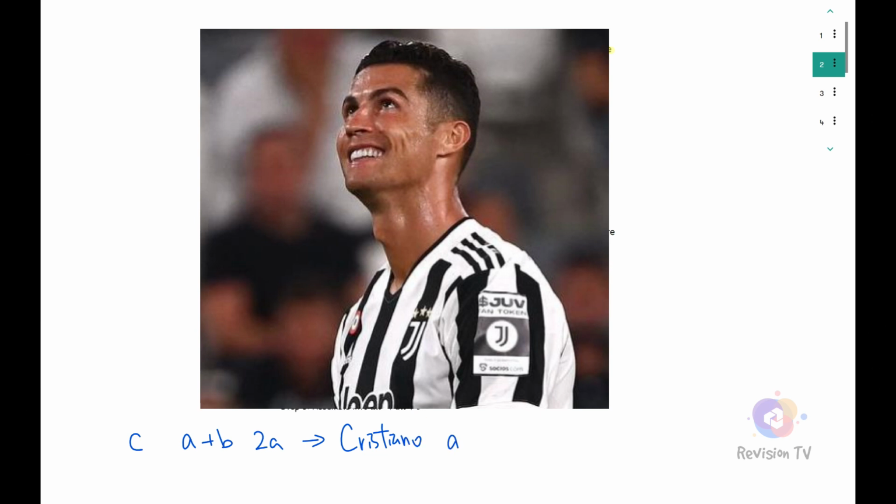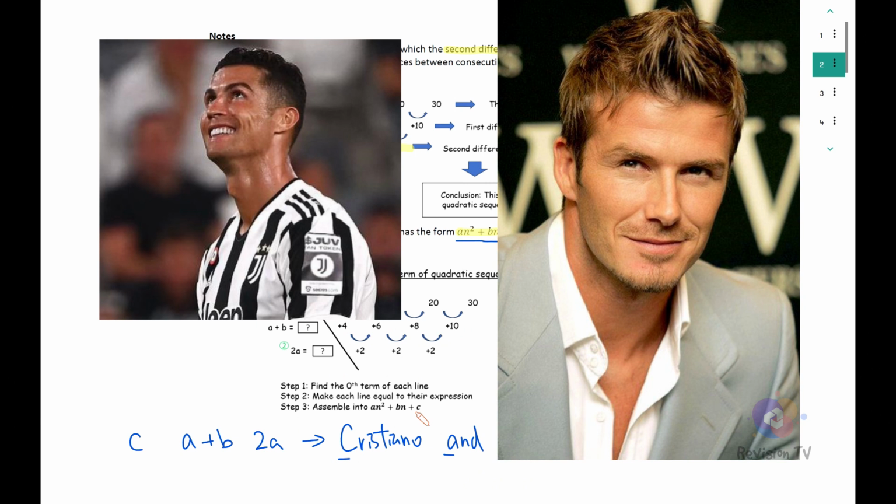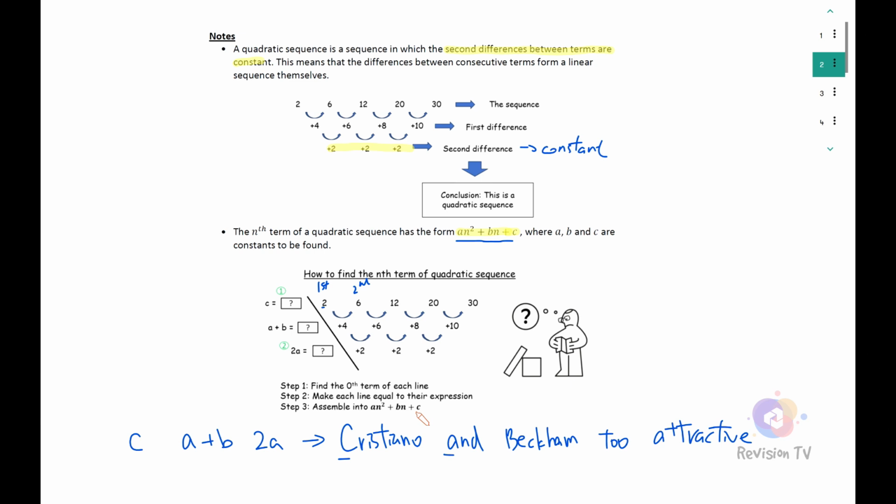A stands for and. B stands for Beckham. 2A stands for attractive. So Cristiano and Beckham, too attractive. That's how you remember C, A plus B, 2A. If you don't like Cristiano Ronaldo or Beckham, feel free to replace the C and the B with a different name that you like. Maybe the crush that you like. Crushes, because we've got 2 people.